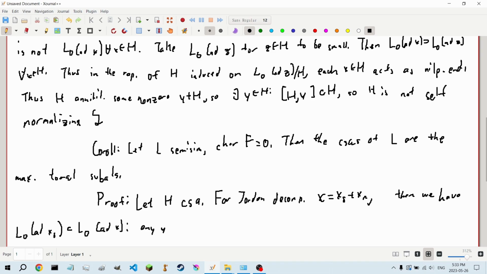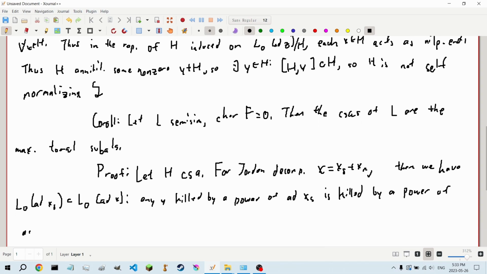As any y killed by a power of the adjoint of the semisimple component of x is killed by a power of the adjoint of x, since the adjoint of the nilpotent part of x is obviously nilpotent, and commutes, we saw by definition, with the adjoint of the semisimple part.